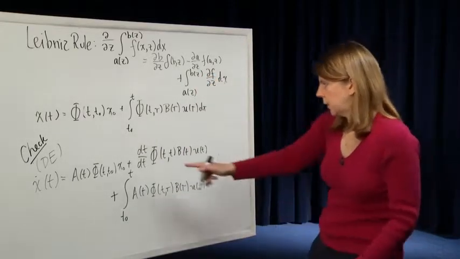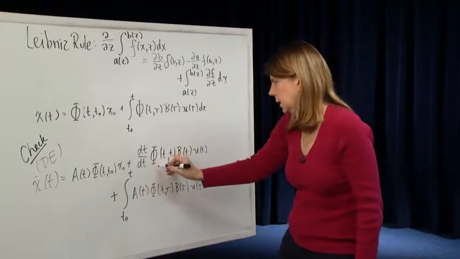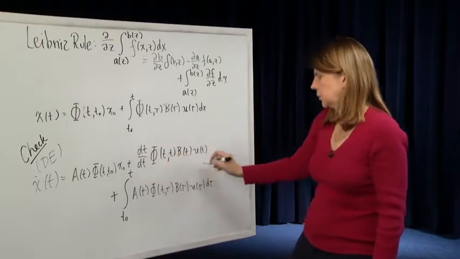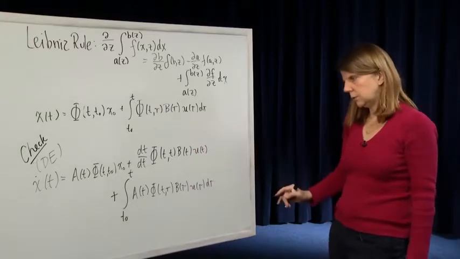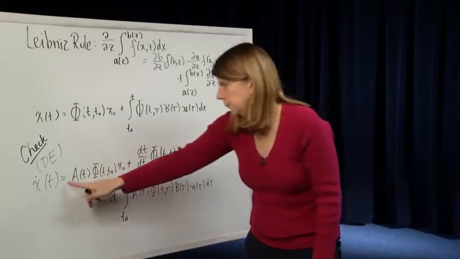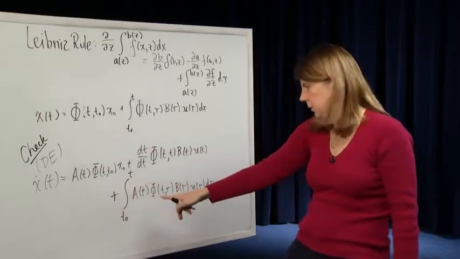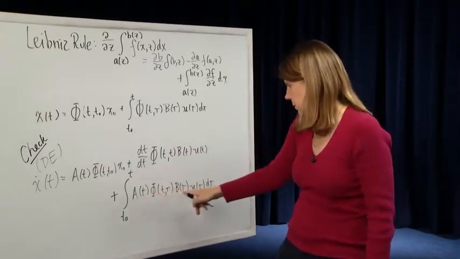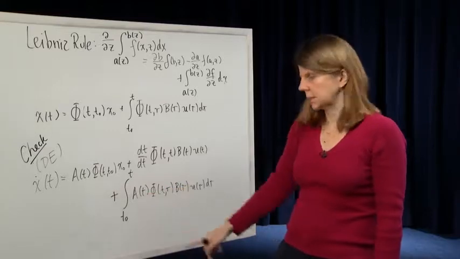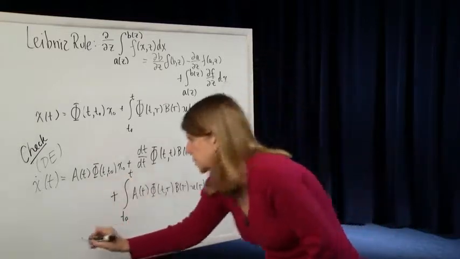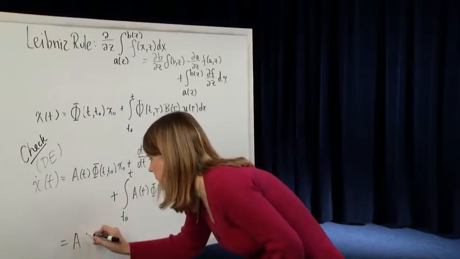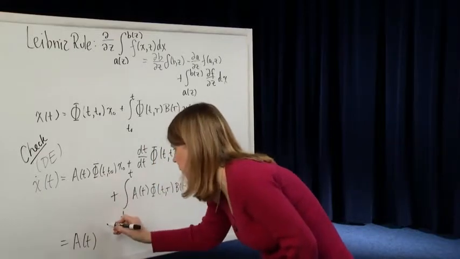Okay, and now we can simplify. So this is equal to 1. This is the identity. So the contribution from this term is just b of t times u of t. And then we can factor out the a of t from under that integral because it doesn't depend on the variable of integration, which is tau. And so this is just equal to a of t. So we'll factor it out from both terms.